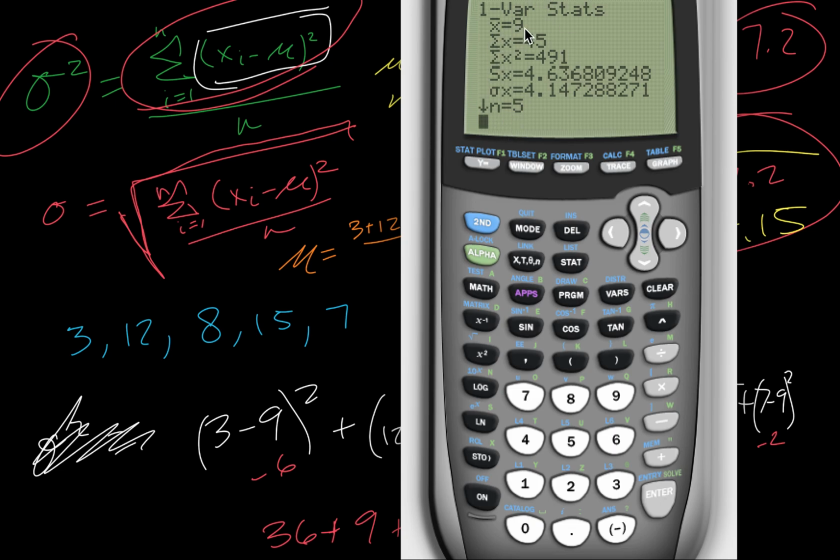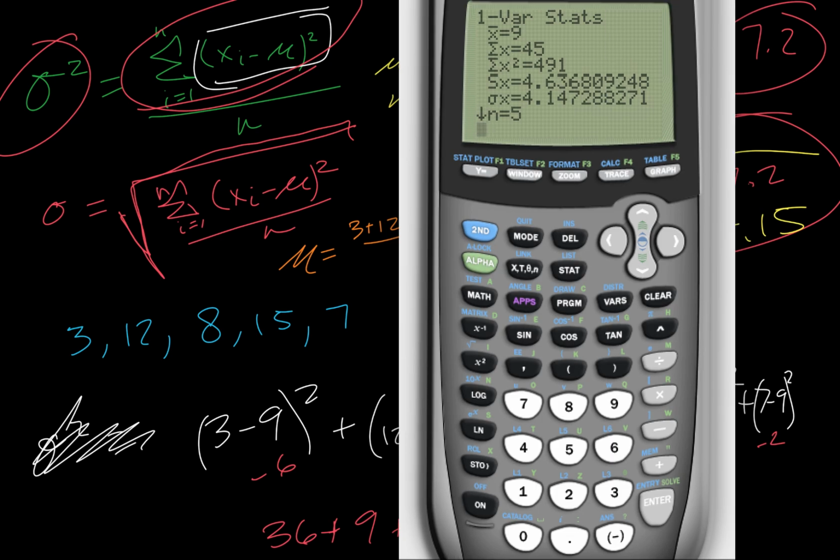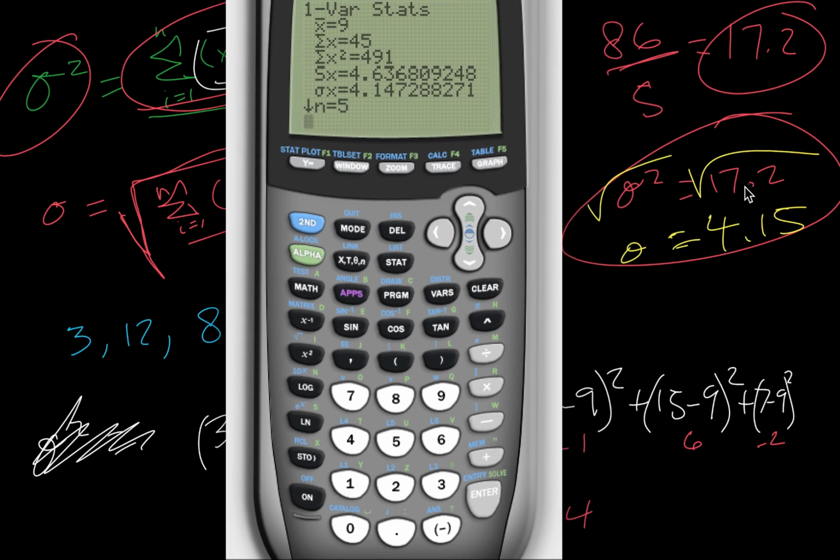So x bar is our mean, which was 9 that we calculated. n was 5. Let's see. I guess it doesn't give us variance, but it gave us our standard deviation right here.